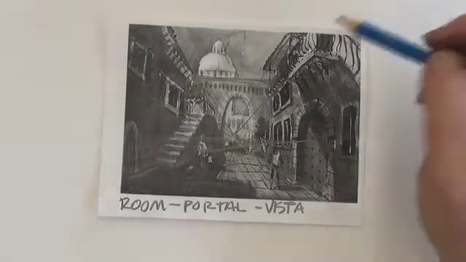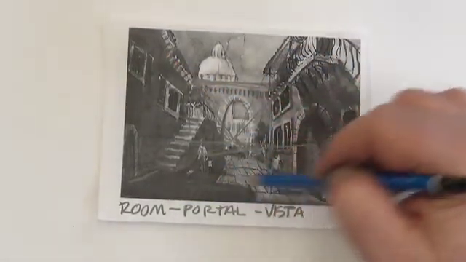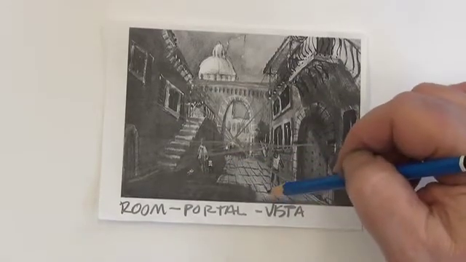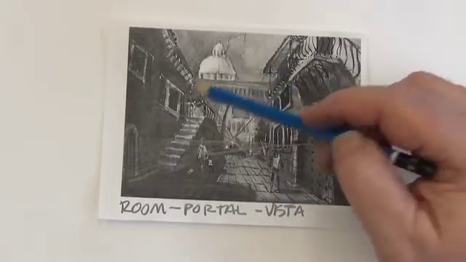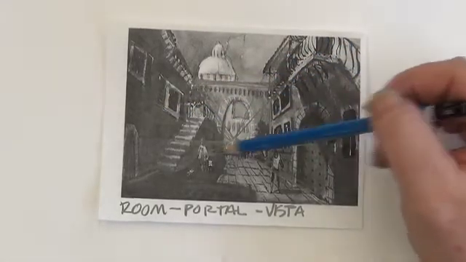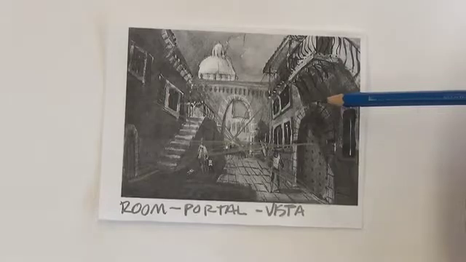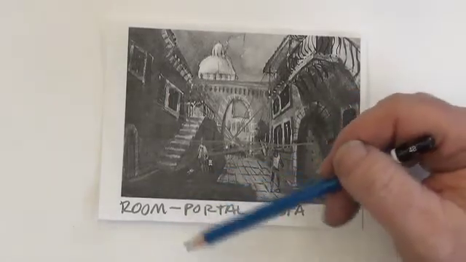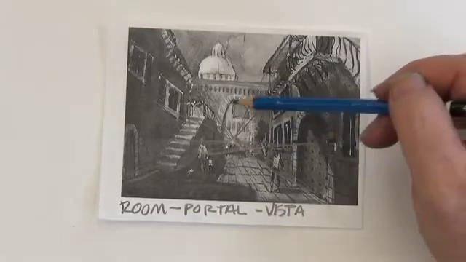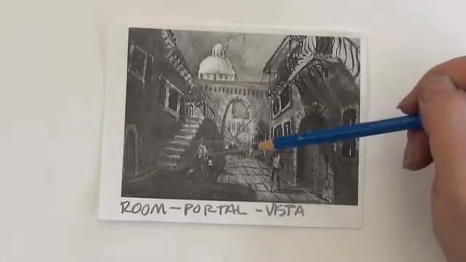So what's going on is we have a space in which the viewer is standing or could be standing in a step or two. The space is described by these two side walls and this end wall here. Then we have a portal, an opening in the end wall. In this case, it's an archway, an opening.